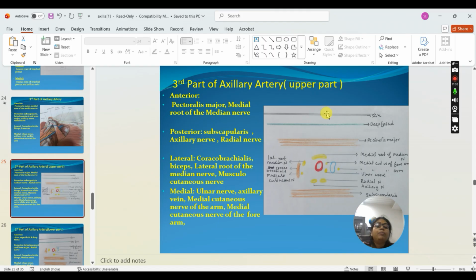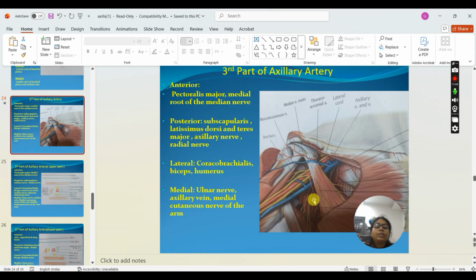Yeah, line diagram: skin, superficial fascia, the deep fascia. Pectoralis major will be in the upper part. See here, I told you the extent of the artery is up to here. So if I take out the pectoralis major, this is the cut end of the pectoralis major.